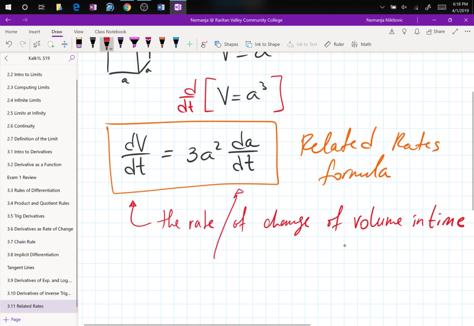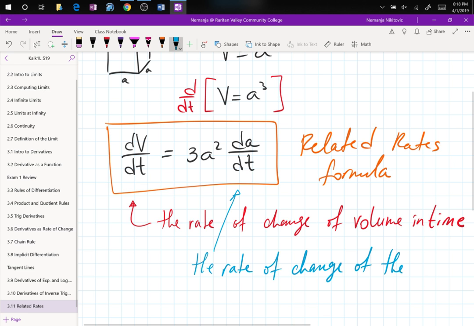And this one over here is the rate of change of the length of the side in time.